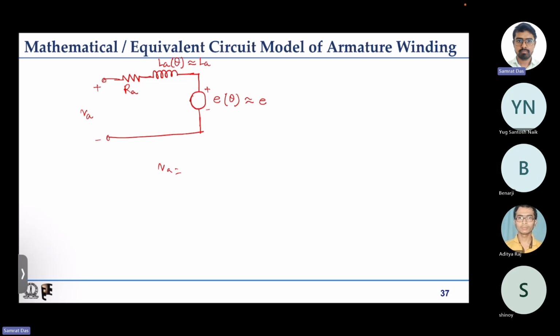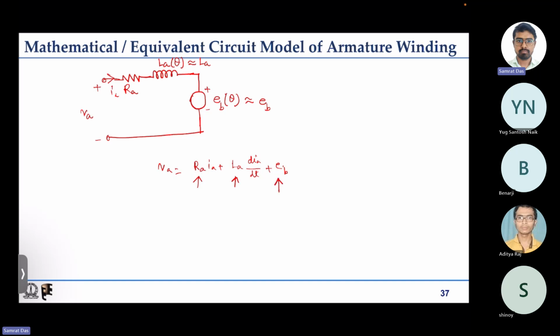The dynamic equation is VA equal to, if say IA current is flowing, RA IA plus LA dIA/dt plus E, say let me say back EMF, so EB. Again, this is a linear differential equation with this a coefficient and this a coefficient. Both these are constant, so it is a linear time invariant differential equation.